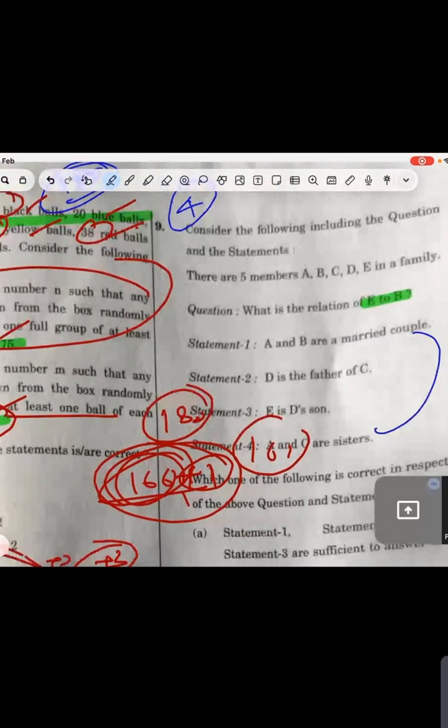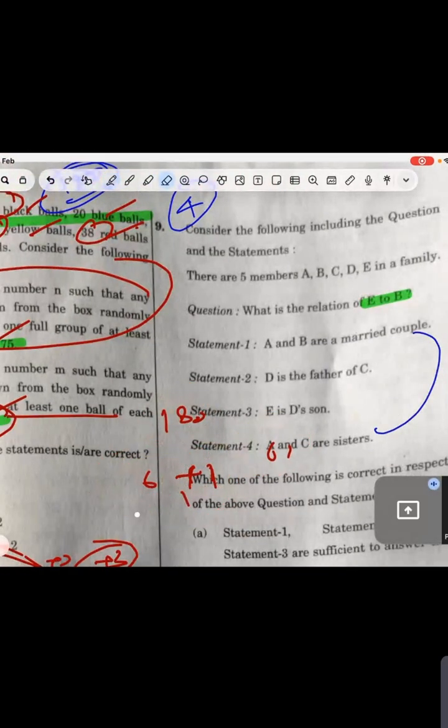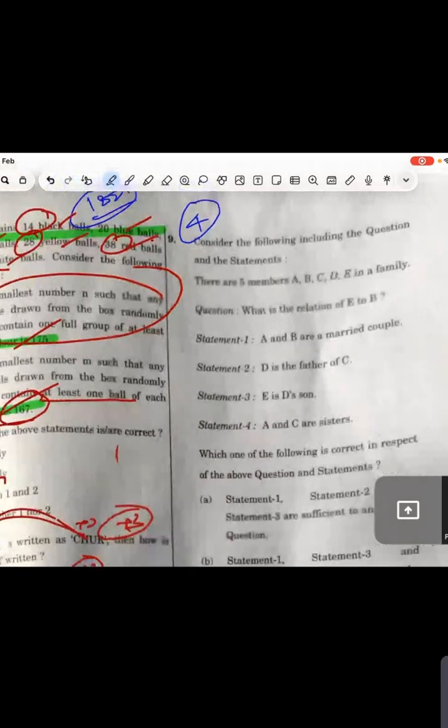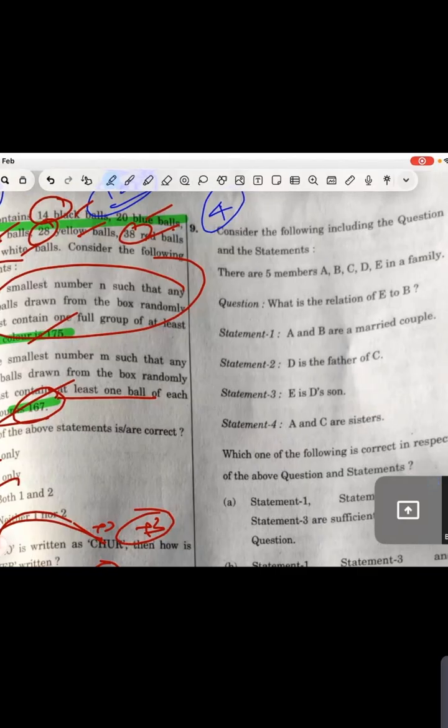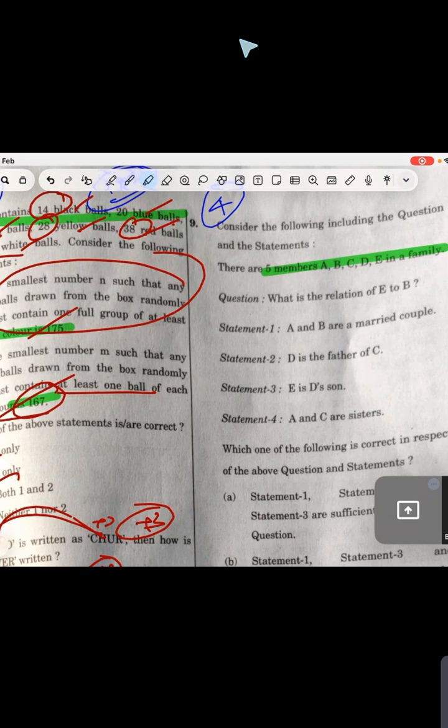Question number 4 actually. Consider the following, including the question and the statements. There are 5 members A, B, C, D, E in a family. What is the relation of E to B? See, statement 1. Now this is a data sufficiency question, guys.